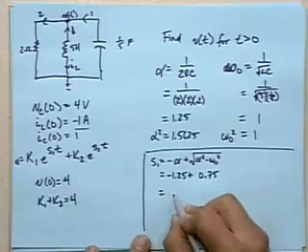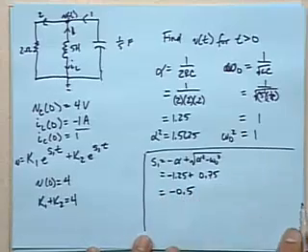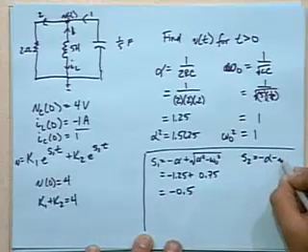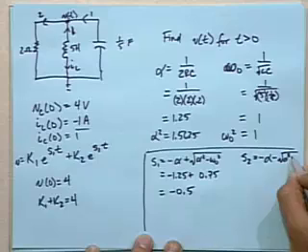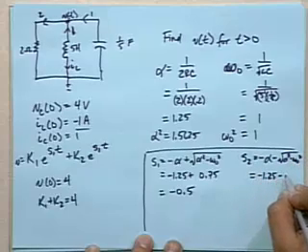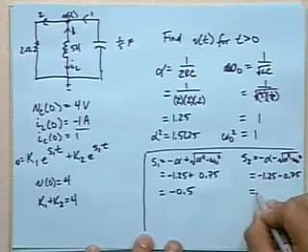So that should give us a negative half. And S2 is negative alpha minus the square root term of alpha squared minus omega naught squared. So that'll be negative 1.25 minus 0.75, or negative 2.